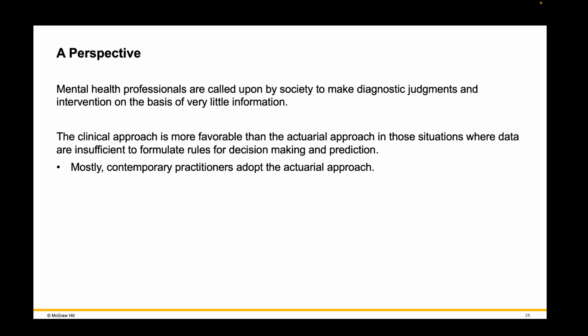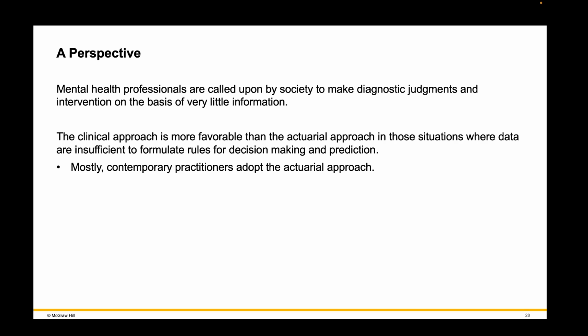Filipino test takers. So, another thing about this topic is that the clinical approach is more favorable than the actuarial approach in those situations where data are insufficient to formulate rules for decision making and prediction.